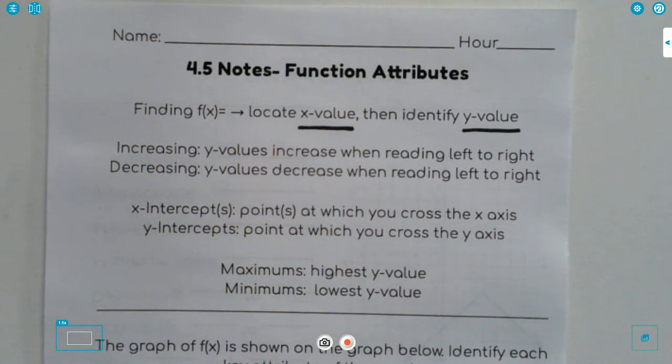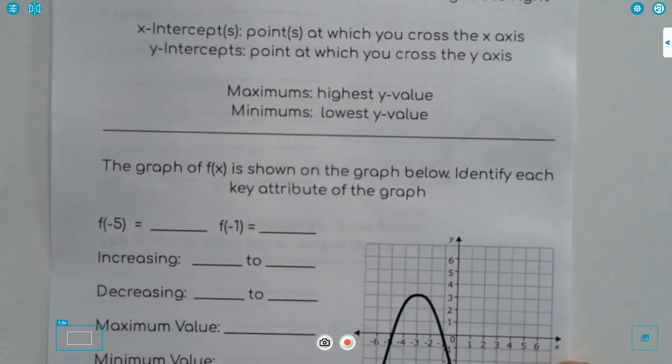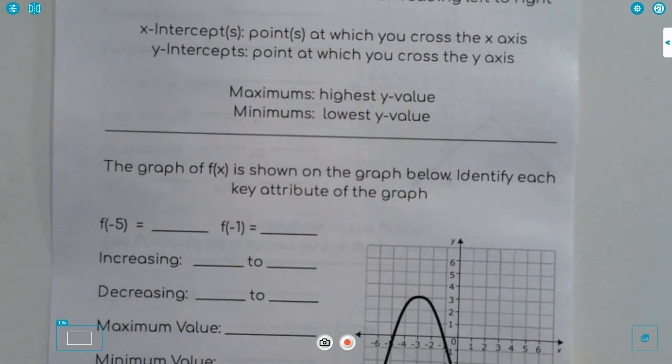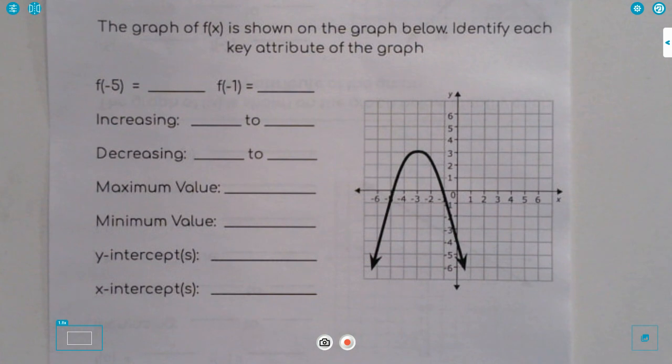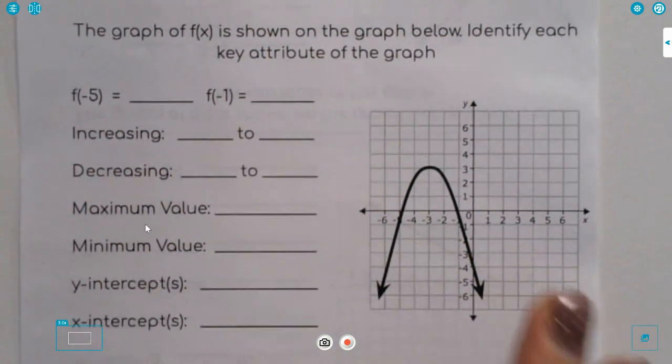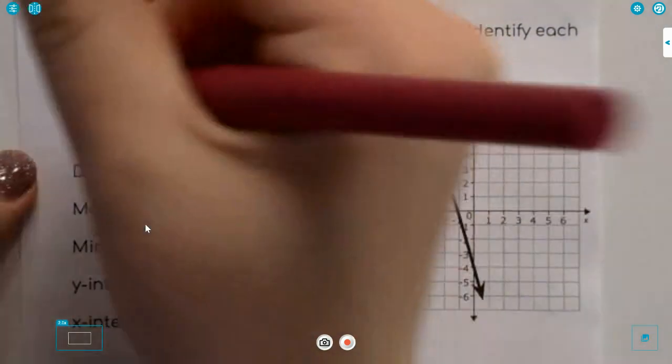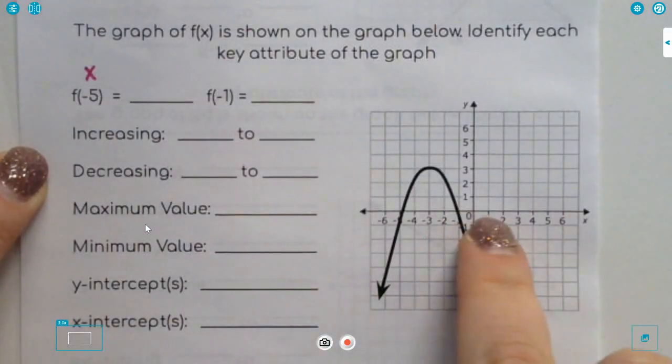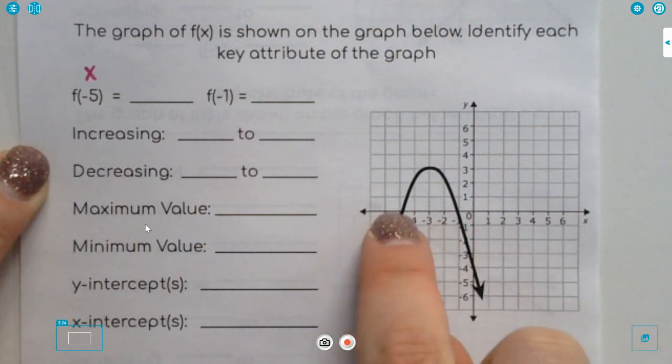So moving down, we're going to do this on all three examples, and then we'll come do increase and decrease on all three examples. So f of -5 and f of -1. So f of -5 means I need to go on my graph to where x equals -5. So I go on my x-axis to -5.